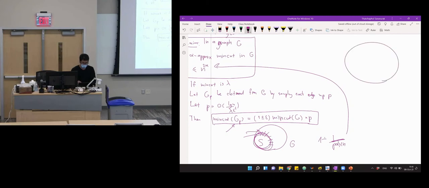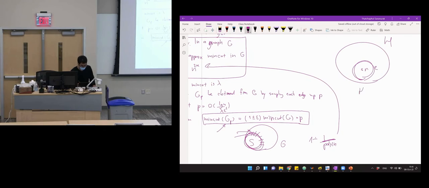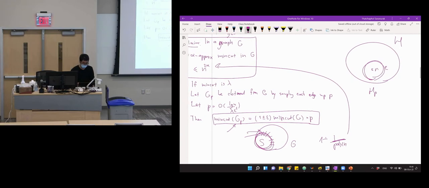If you have a hypergraph H, where each edge now has not just 2 endpoints but can have up to r endpoints, which we call the rank, then you can talk about H_p, and if you choose p to be good enough, then the min cut is preserved too.